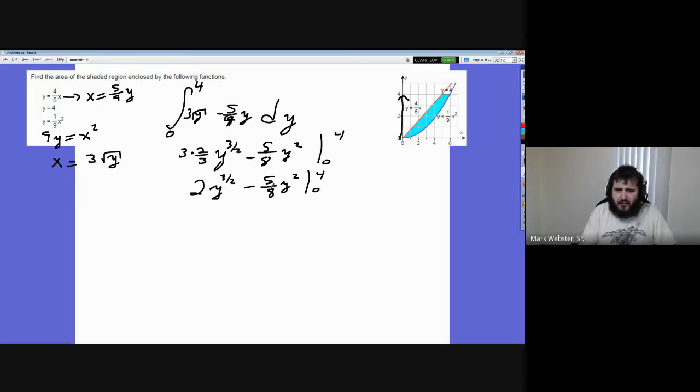We only really have to worry about the 4 because when we plug in 0, they all go away again. 4, well, square root is 2, cubed is 8, so this is 16. Minus 5/8 y squared, so 16 divided by 8 is 2. So this is 5 times 2, right? 16 minus 10 equals 6. And that's the number we had last time, too.